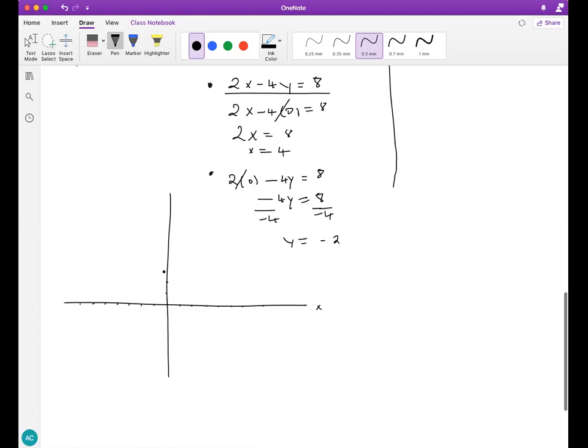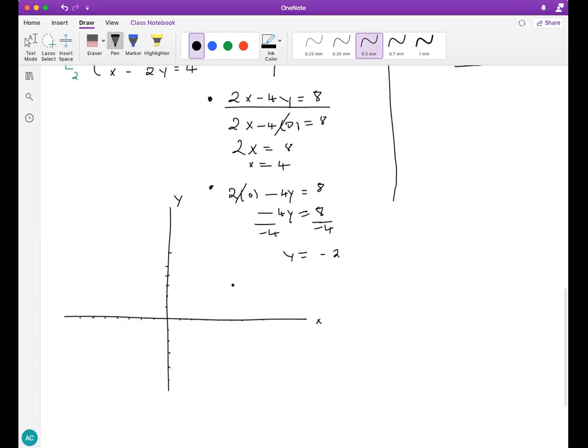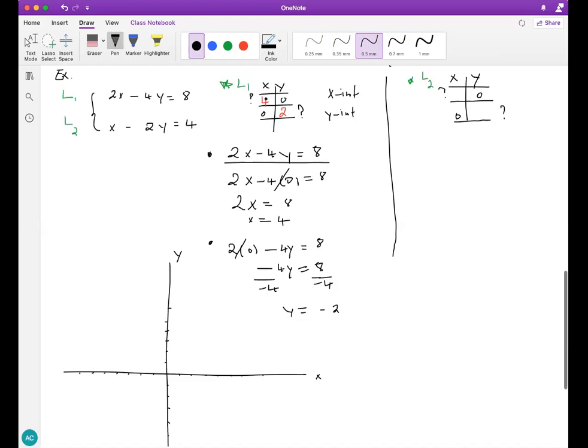Of course, this will be the y-axis. Okay, so for the first line, we have 4, 0. Where do you start? Where do you go to plot this point? 4, 0. How do you put that point on this graph?